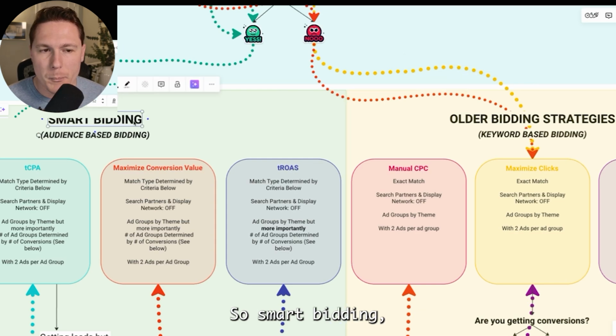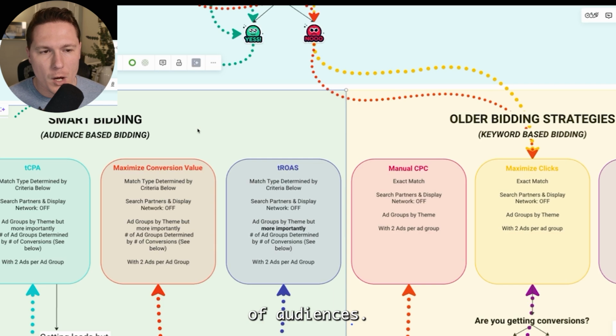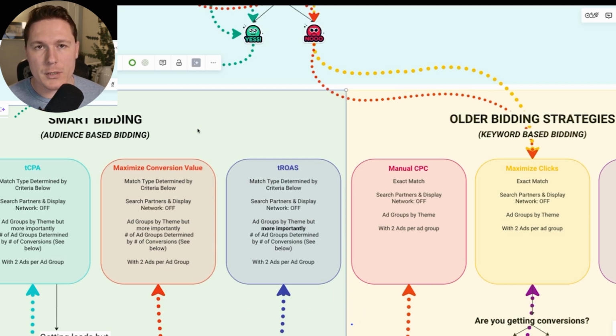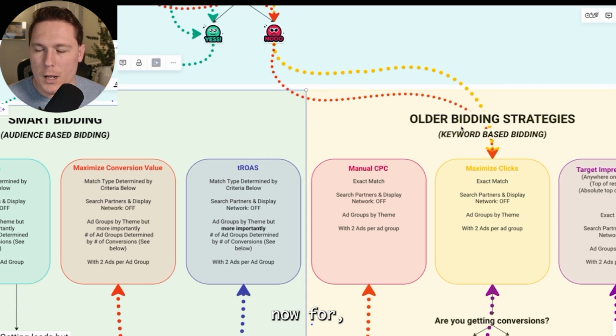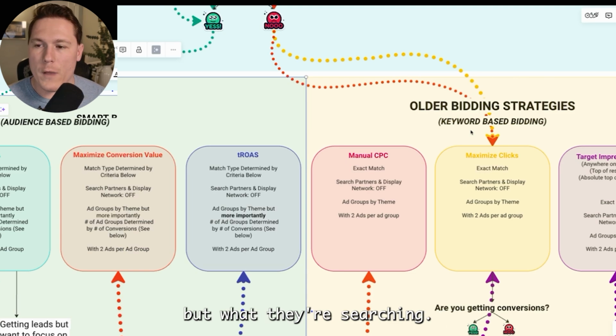First, smart bidding, which are the newer bidding strategies. They're based off of audiences, what Google understands and knows about the person, the user searching. The older bidding strategies are highly dependent on the keyword, specifically going after not necessarily who is searching, but what they are searching.